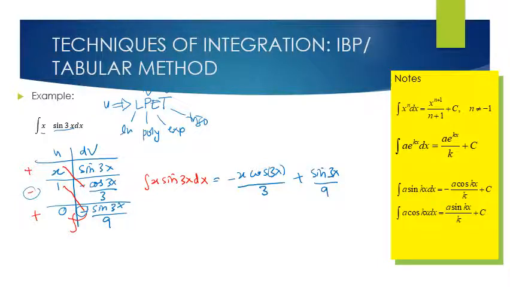Next, negative times positive, so we get negative, then always put the integral. So sine 3x over 9 multiplied by 0, we get 0 dx. So the answer will be negative x cos 3x over 3 plus sine 3x over 9, and the integral of 0 will become a constant. So this will become our solution.